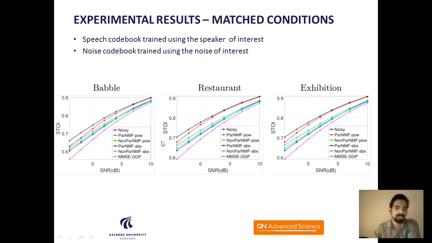So you can see that the NMF based methods perform better than the unsupervised method for speech enhancement for all the noise types. And if we compare the parametric and the non-parametric versions, you can see that the parametric versions give us a better result compared to the non-parametric case for all the noise types as shown here.